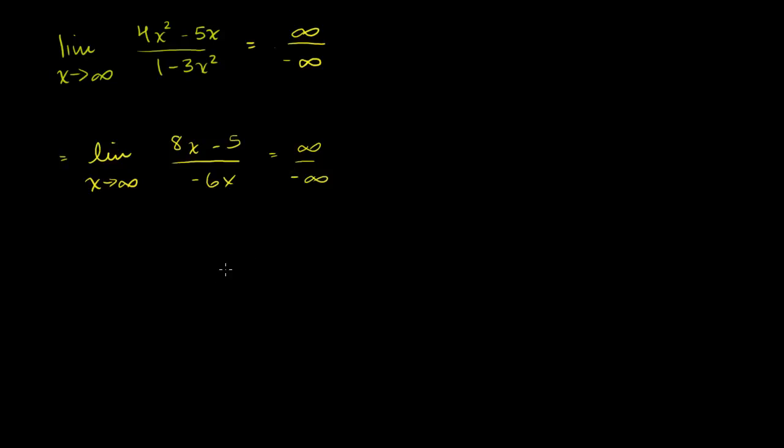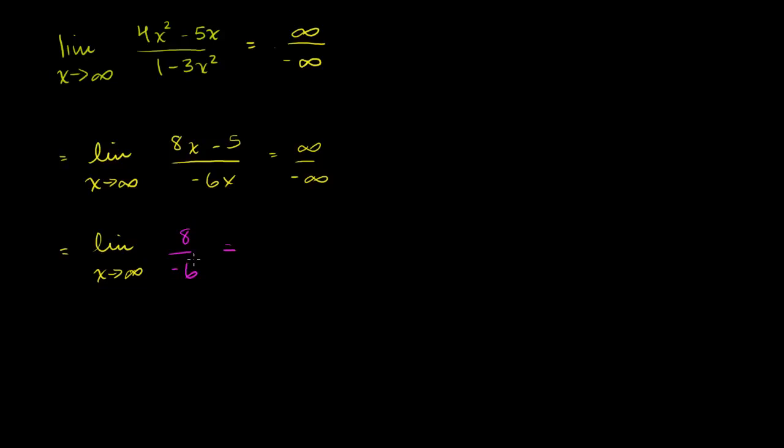So let's apply L'Hopital's rule again. If the limit of the derivative of this numerator divided by the derivative of this denominator exists, then this limit is going to be equal to the limit as x approaches infinity of the derivative of 8x minus 5, which is just 8, over the derivative of negative 6x, which is negative 6.